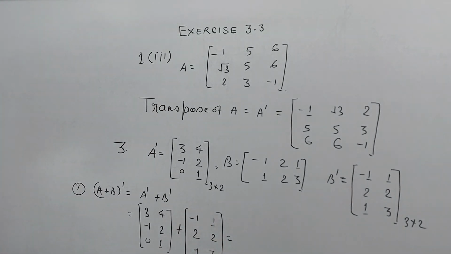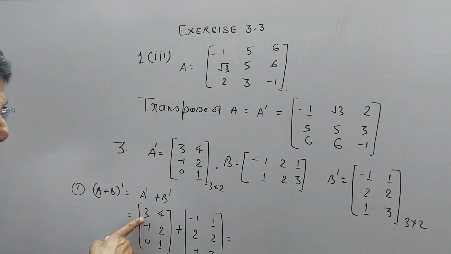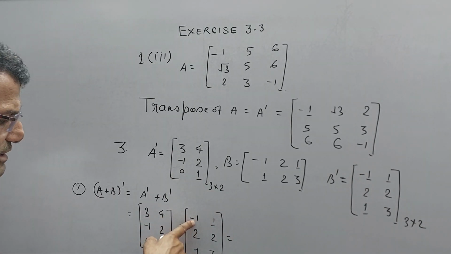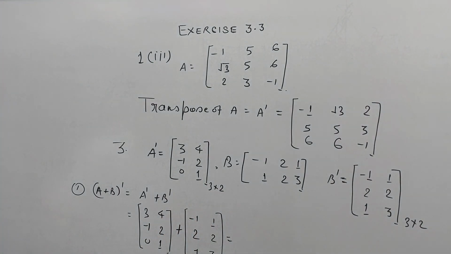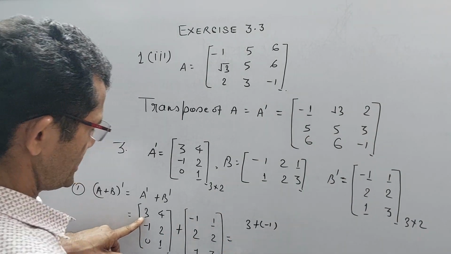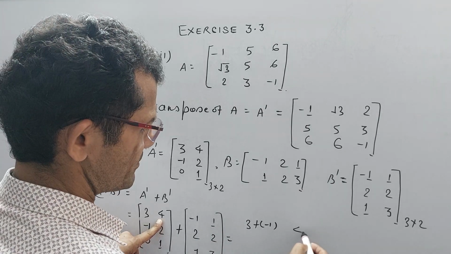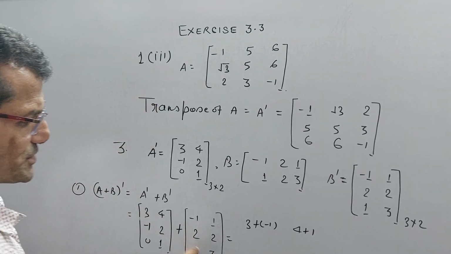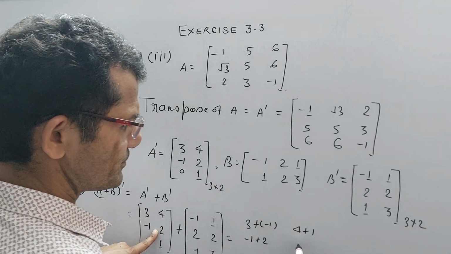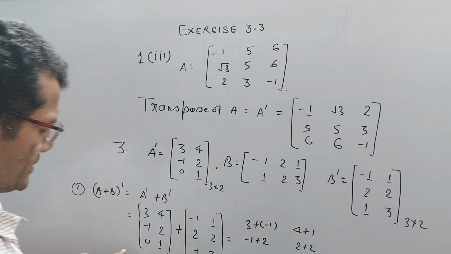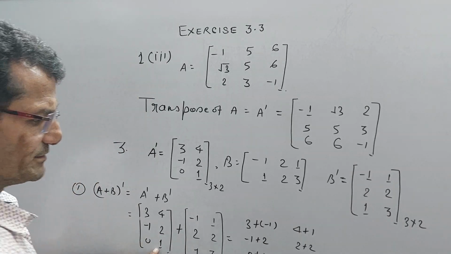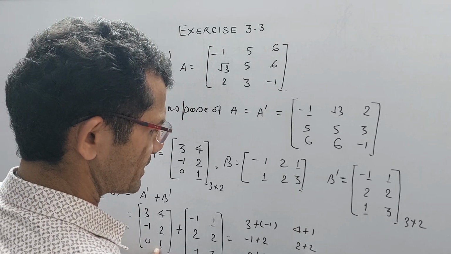If we add the corresponding terms, the first element is 3 plus minus 1, and 4 plus 1, and minus 1 plus 2, and 2 plus 2, and in the third row 0 plus 1, and 1 plus 3.